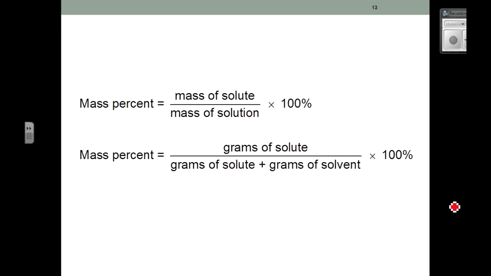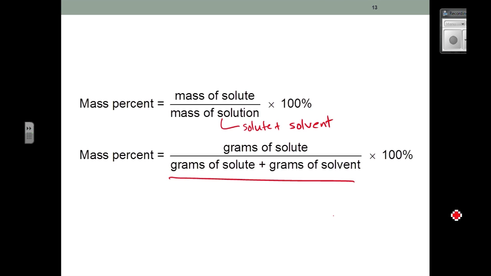So our mass of solution is solute plus solvent. It's so important, it's written twice. So the mass of the solute plus the mass of the solvent is the mass of the solution.